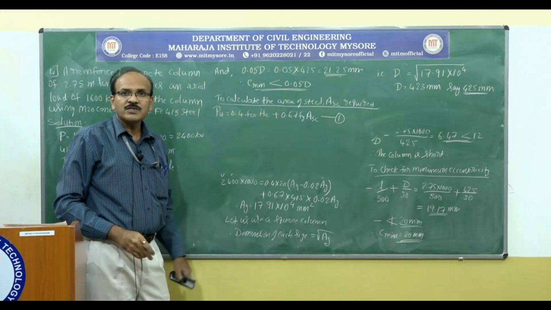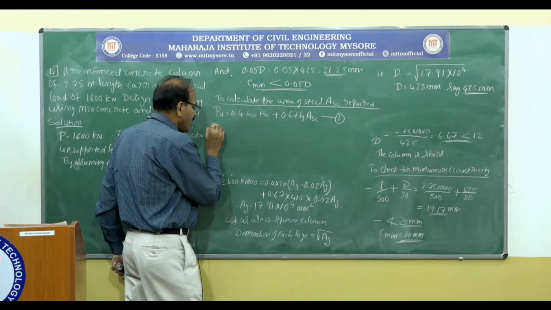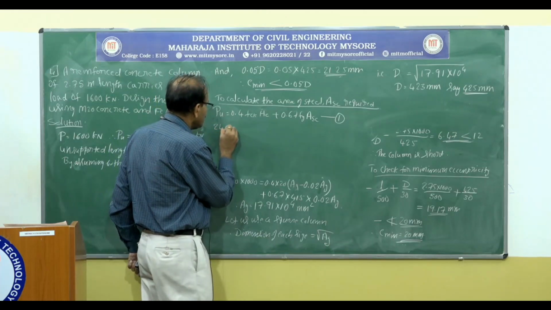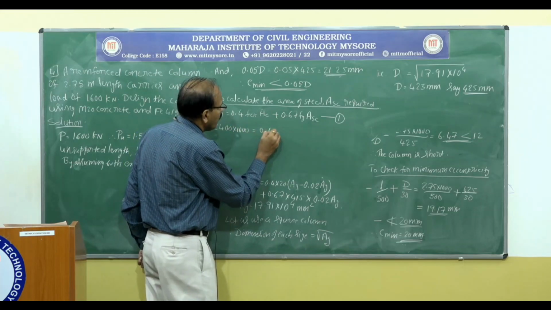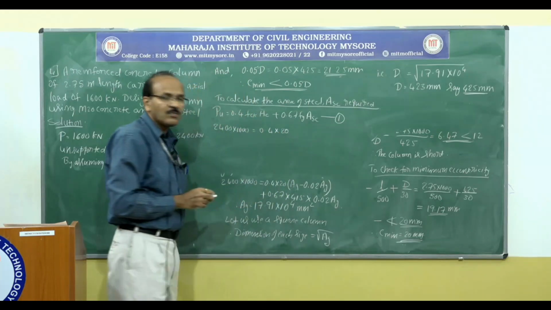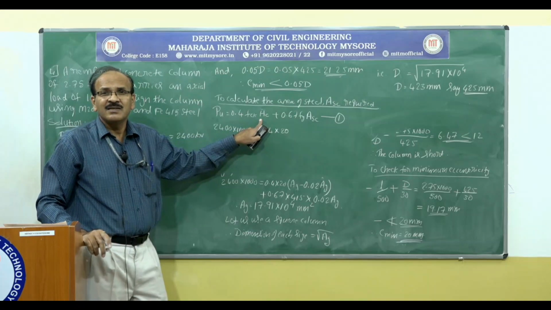So come to this formula. PU is 2400 kilonewton multiplied by 1000 equal to 0.4, and FCK is 20 concrete. This is the area of concrete.